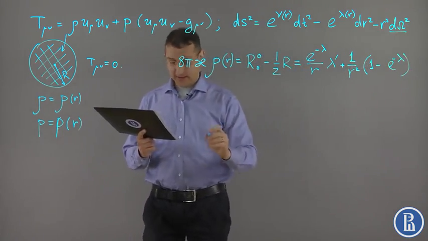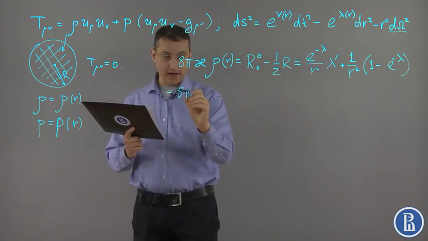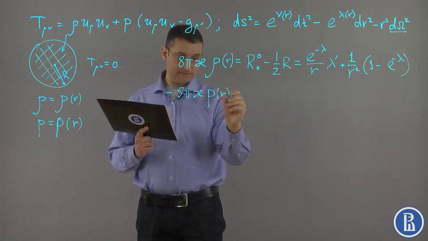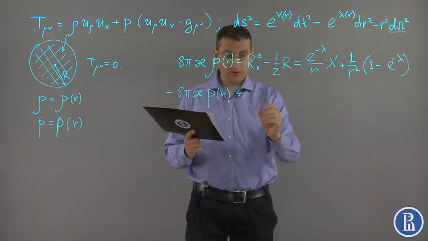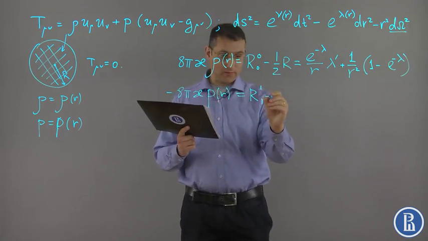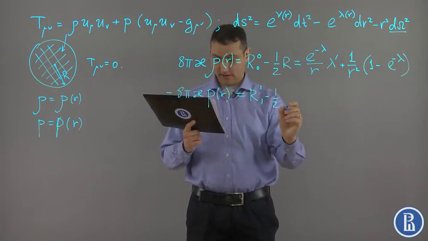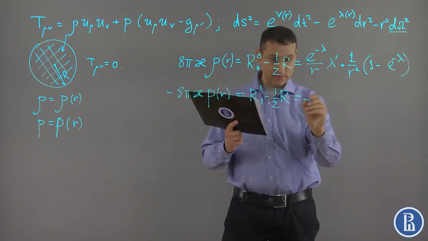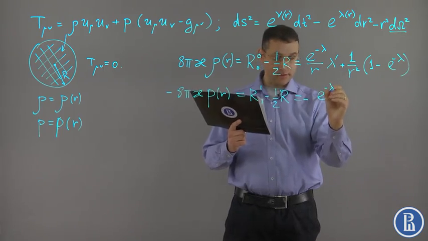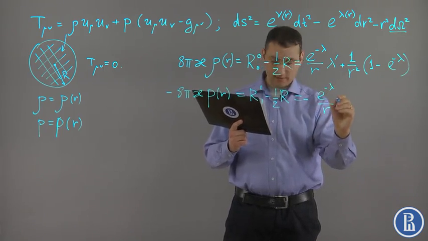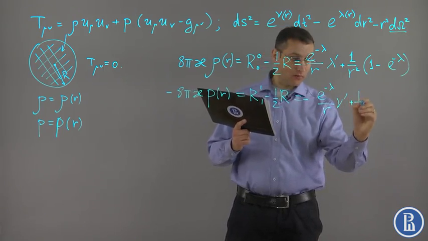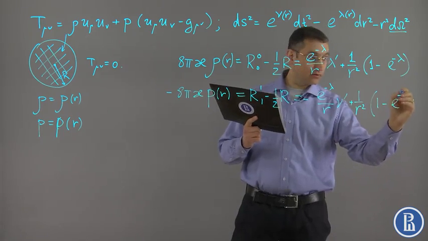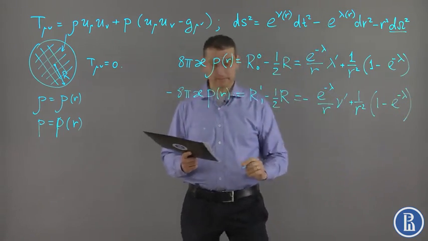This is the first one. Then 8 pi kappa p of r is equal to R11 minus half R, which for this metric ansatz is minus lambda divided by r, nu prime plus 1 over r squared times 1 minus exponent of lambda.